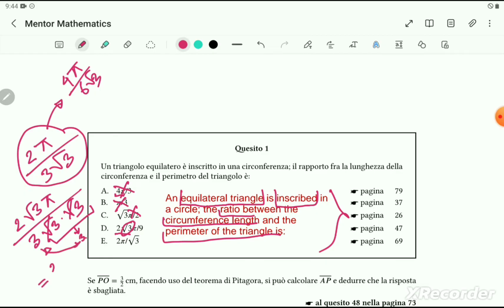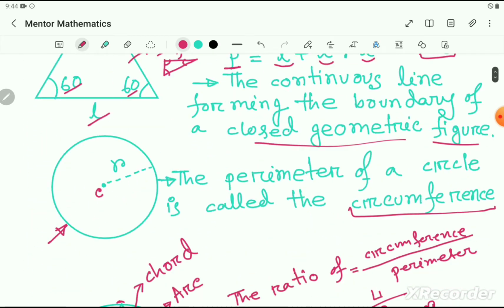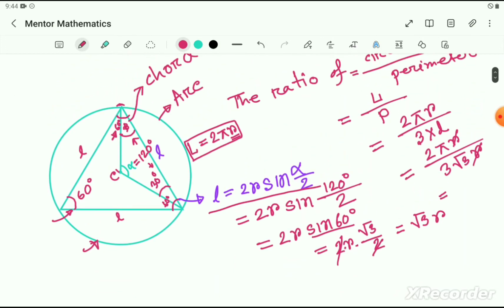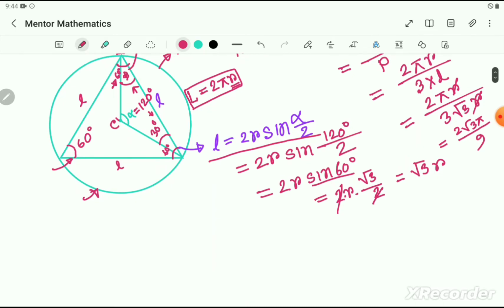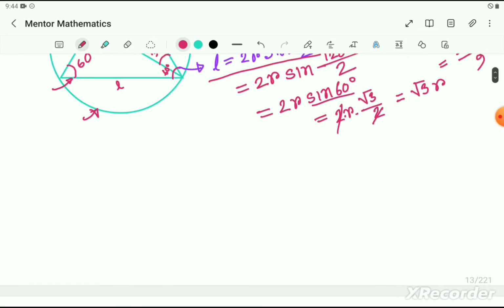Therefore we can write 2 root 3 pi divided by 9. So this value is exactly the same. Therefore our answer is option D, 2 root 3 pi divided by 9. I hope you understood this problem. Let's move on to our next problem.